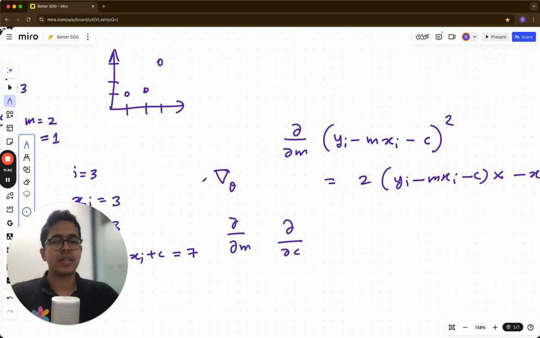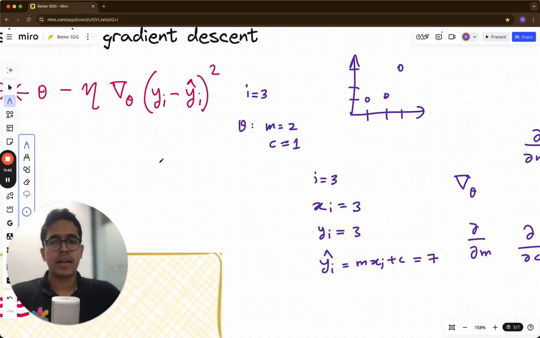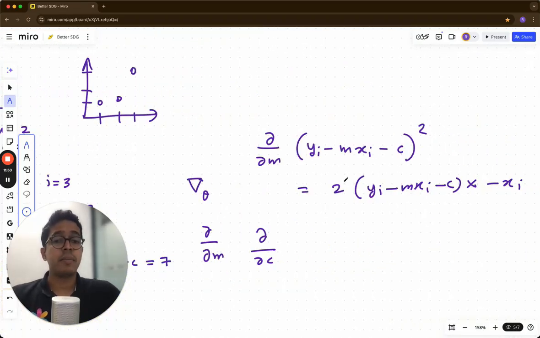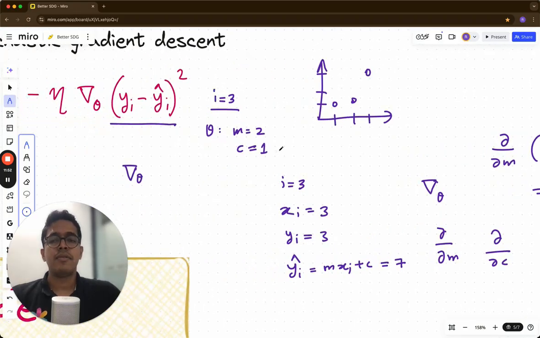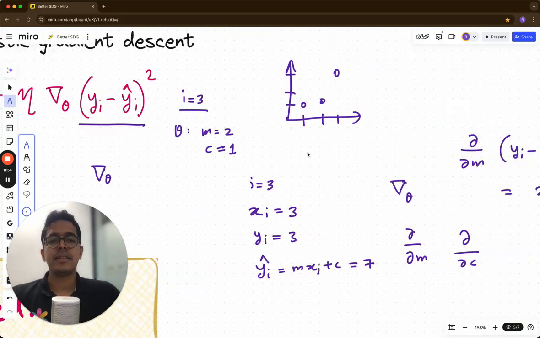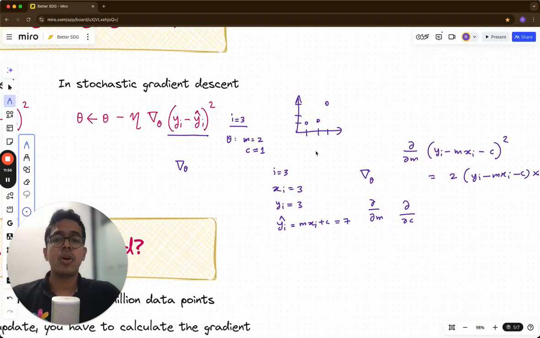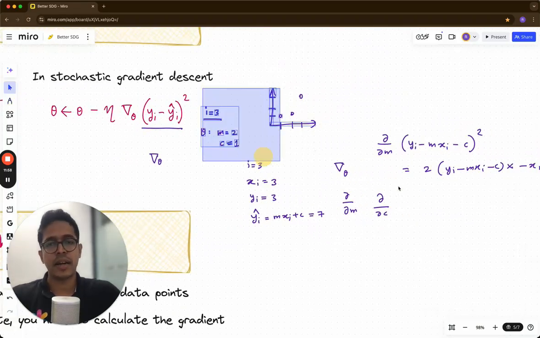So this is how the gradient of theta of just this expression will look like for a random value of I. I randomly selected this I. The summation is not coming. If we were doing the vanilla gradient descent, you would be doing a summation for all values of I instead of just this random value of I.